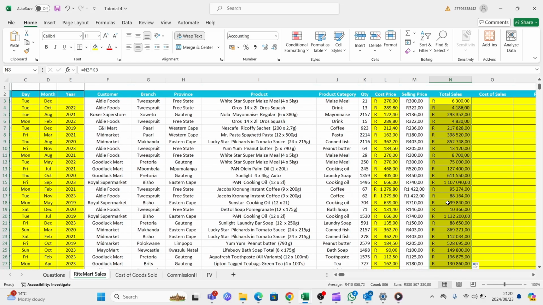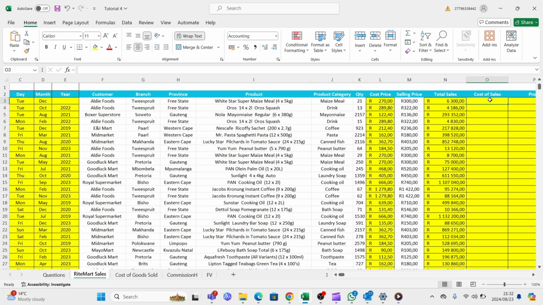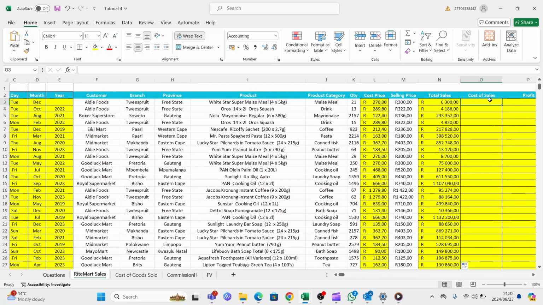So now let's go to the cost of sales. Cost of sales which is the direct cost of producing or purchasing the products or services sold. So meaning, which is the quantity times the cost price.